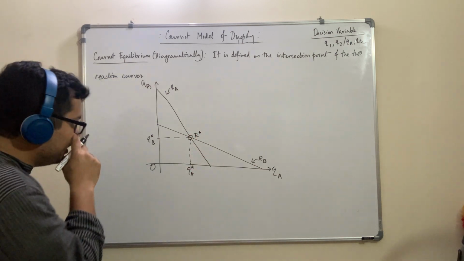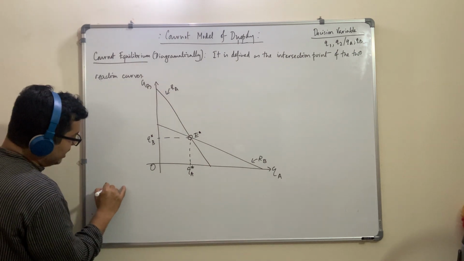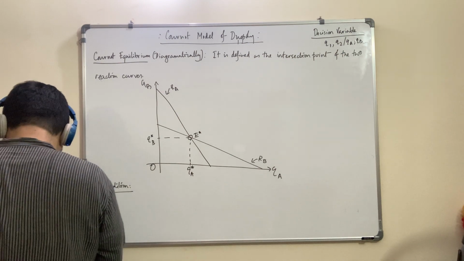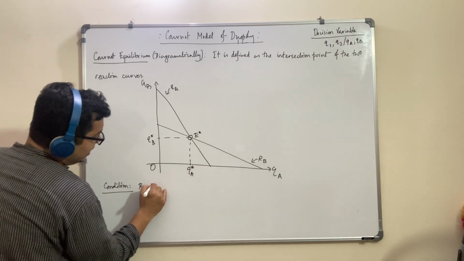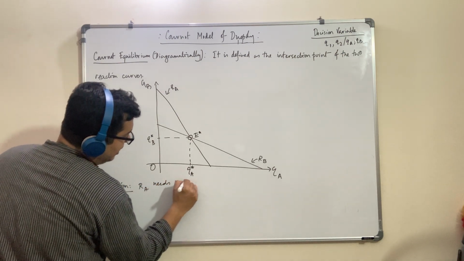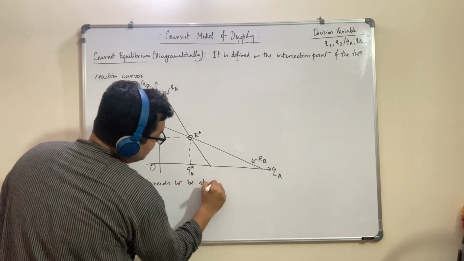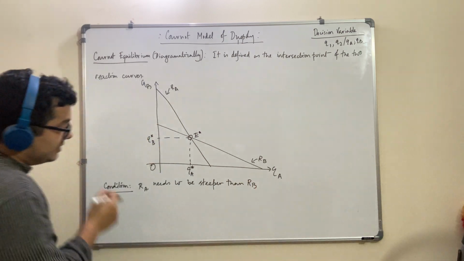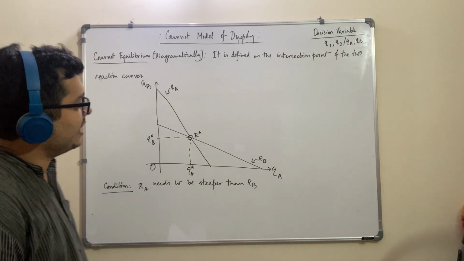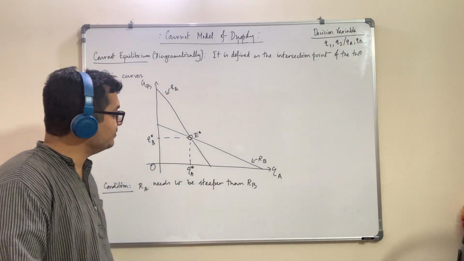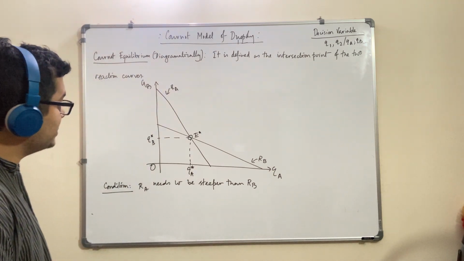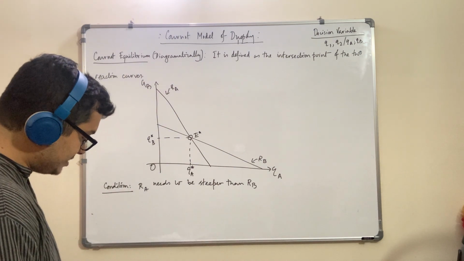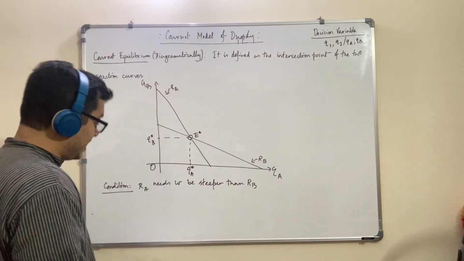Okay, so this is my Cournot equilibrium. Remember a very, very important condition, and that condition is that RA needs to be steeper than RB, otherwise this will not work. So we'll see how that will create the problem, but for the time being we'll just see the adjustment process.